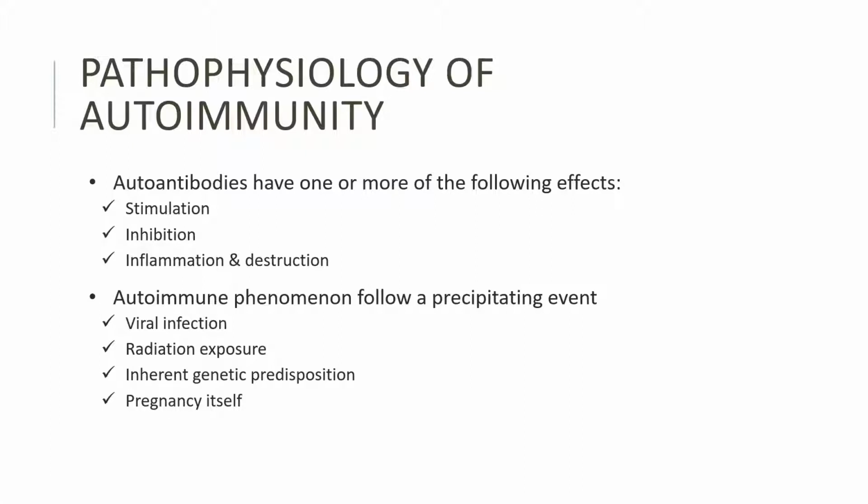And the autoimmune phenomena follow a precipitating event, which is sometimes after a viral infection, sometimes some radiation exposure. There can be inherent genetic predisposition, like some HLA types in the family or in the relatives. And the pregnancy itself can stimulate or precipitate an autoimmune phenomenon.